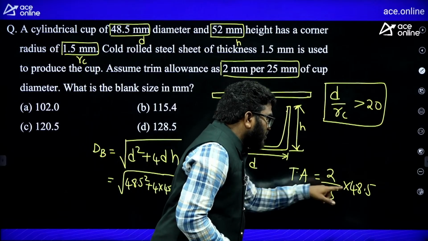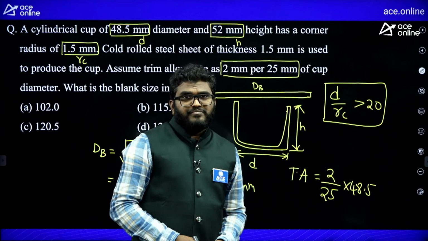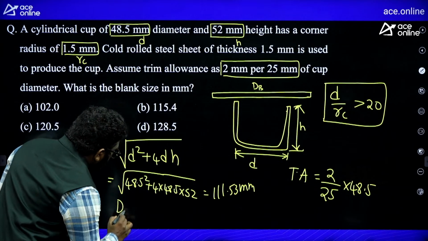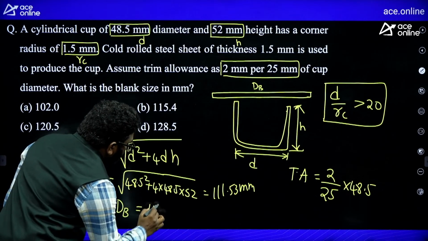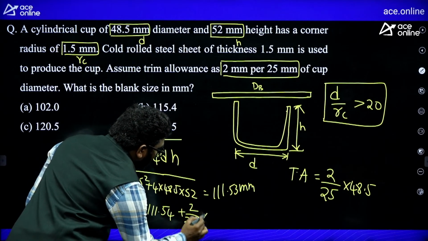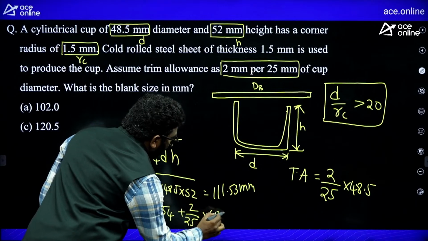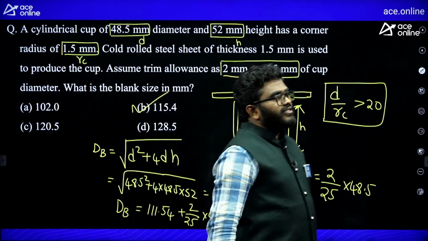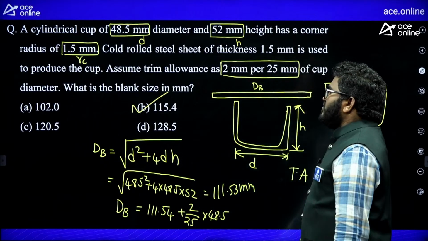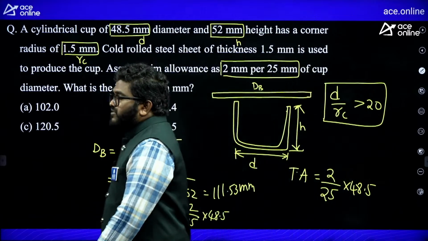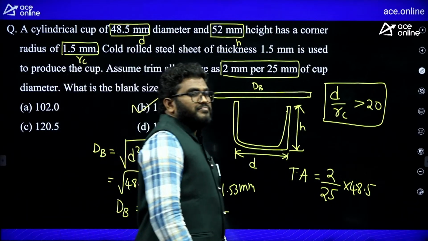So the blank diameter is equal to 111.54 plus 2 by 25 into 48.5. From this you will get the approximate answer, 115.4.